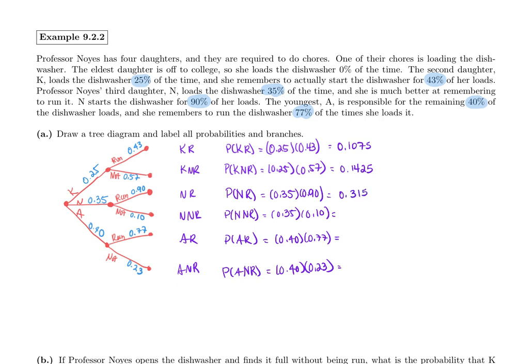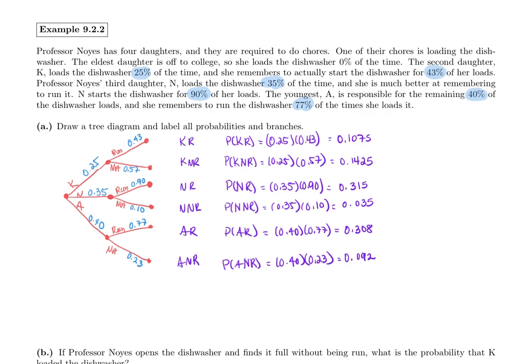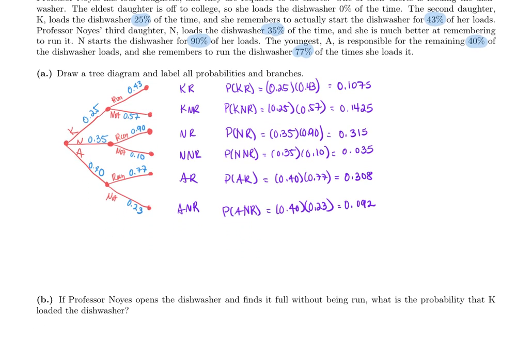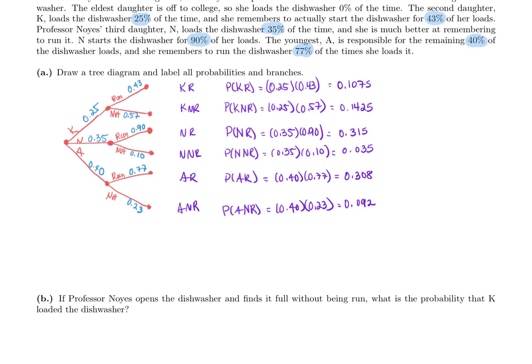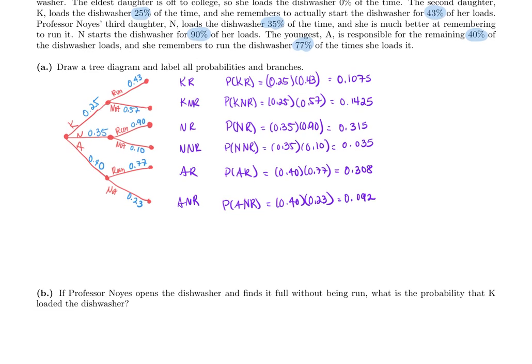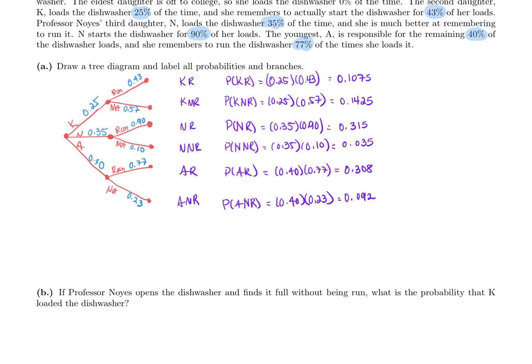The probability that N loaded the dishwasher and did not run it is only 0.035. The probability that A loaded and ran it is 0.308. The probability that A loaded but did not run it was 0.092. So there are all of our probabilities listed in a tree form, and then we listed them all out by its respective branch.